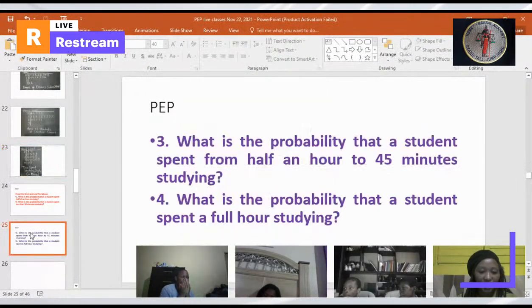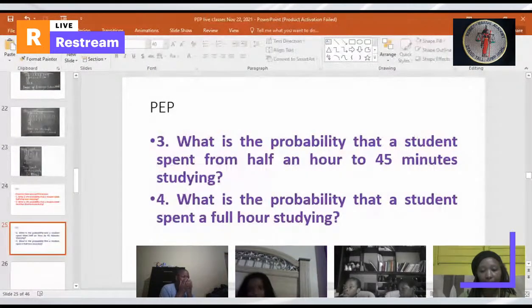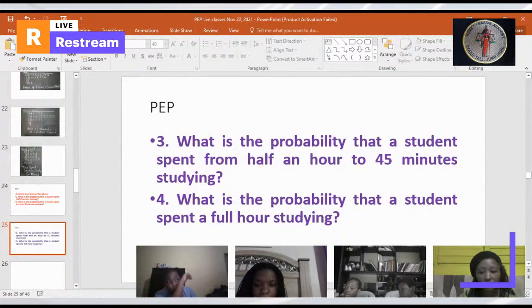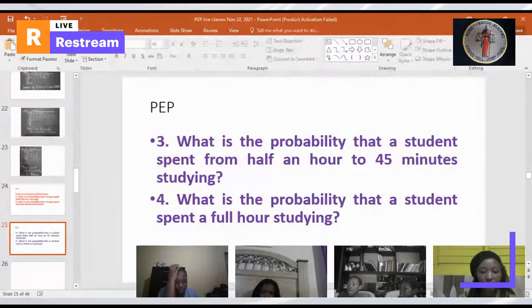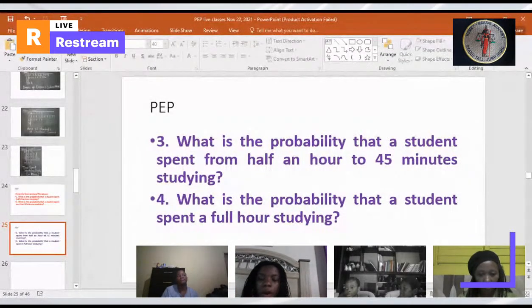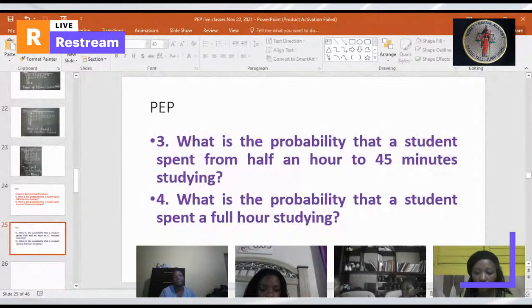All right, Madison, please read question 3. What is the probability that a student spent from half an hour to 45 minutes studying? Read it again, please.